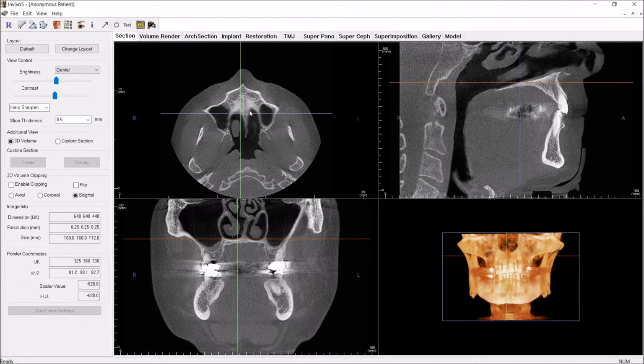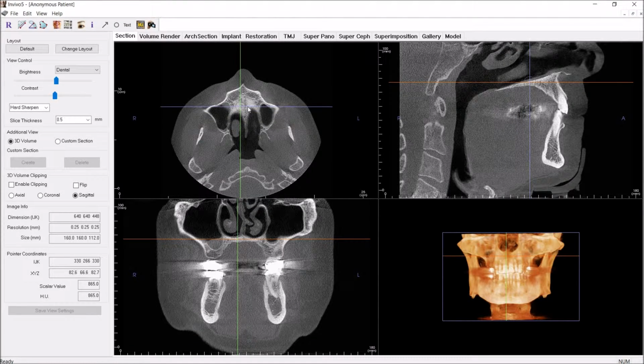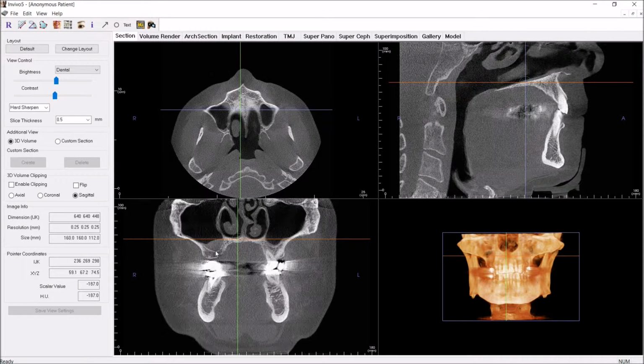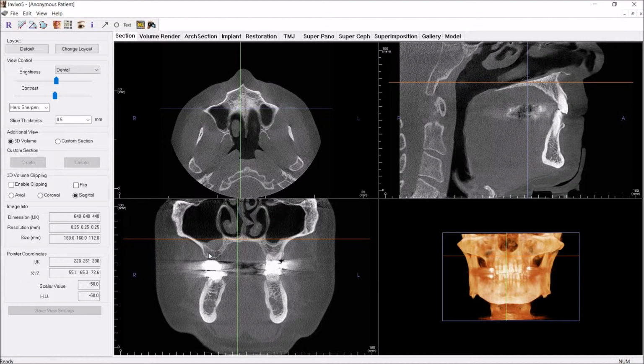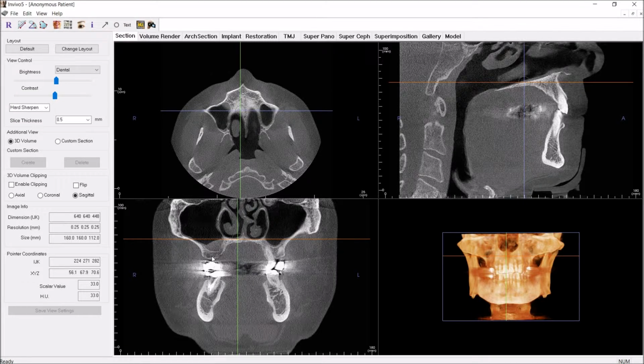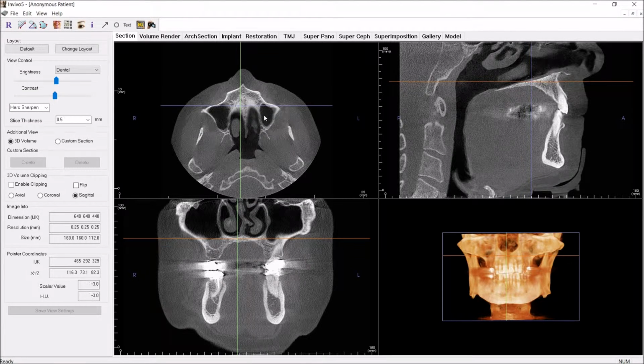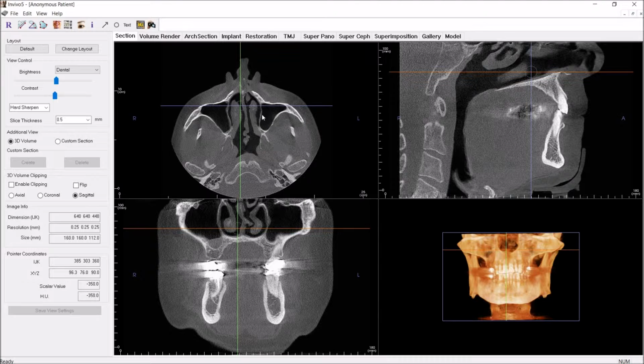If you want to look in another plane, you can do that. Just drag this or use the scroll wheel here. This kind of stands out, a little bit of hyperdensities in the alveolar bone. But that just looks like probably residual roots of a tooth that was extracted there. So keep going up.